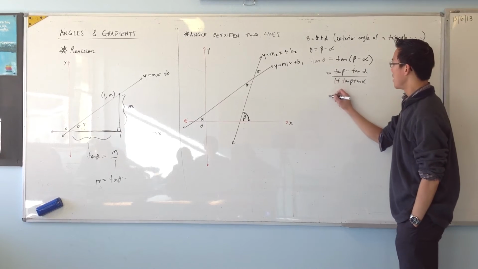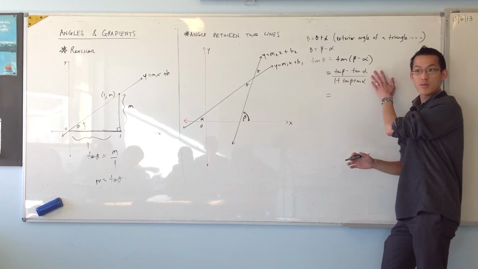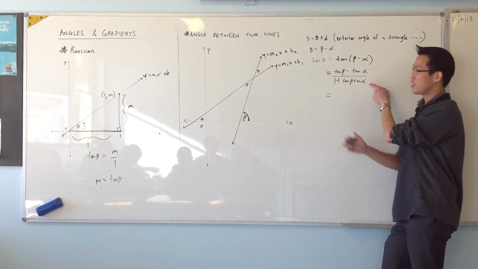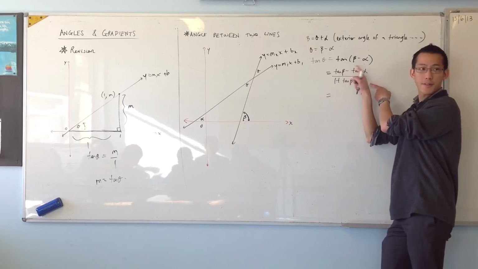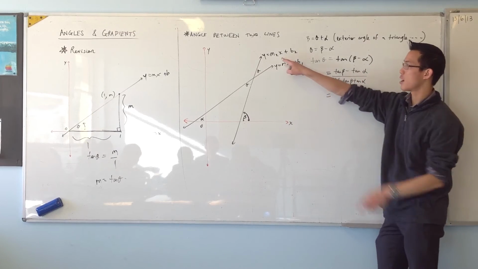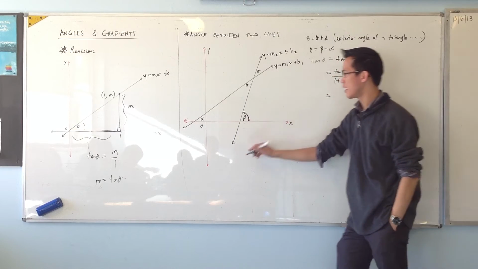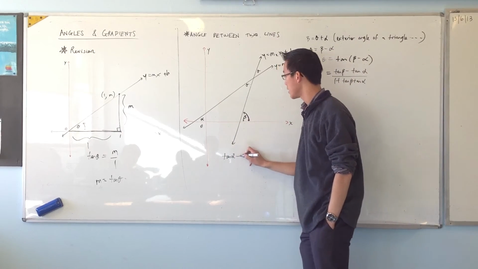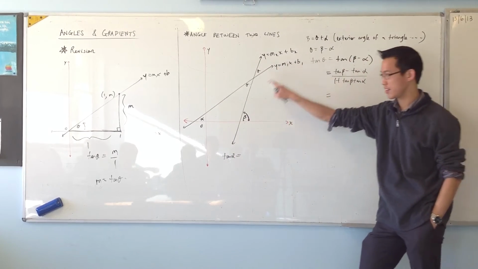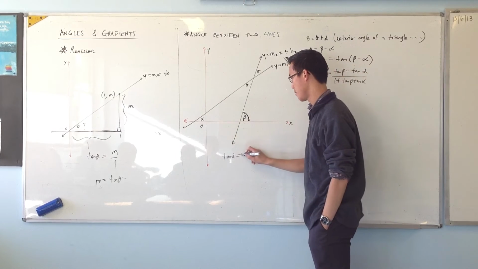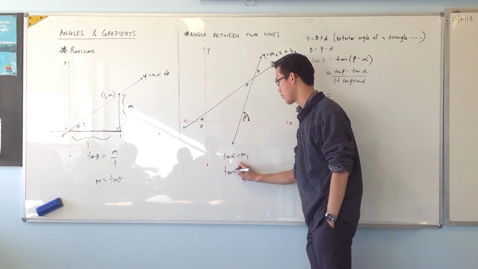Now, the reason this is actually useful and not that gross is because I know what tan alpha and tan beta are in terms of these gradients. Because alpha is here, tan alpha is that gradient. You can see how it just follows out of that. And tan beta is the other gradient.